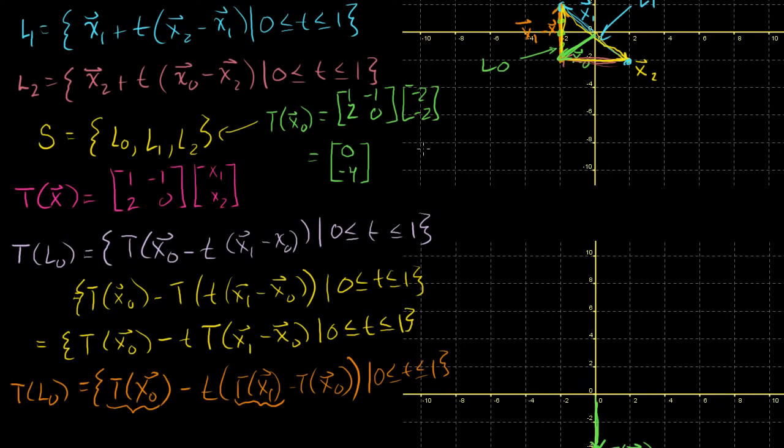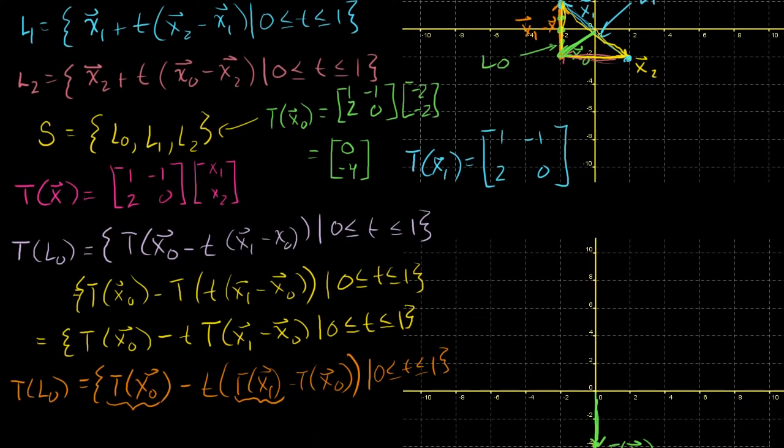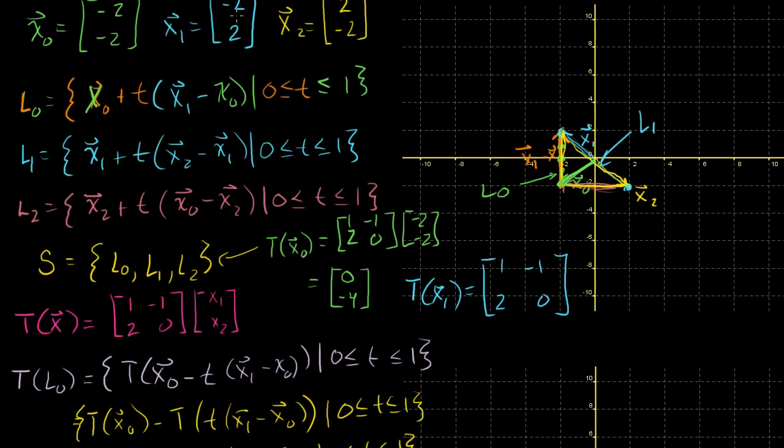The transformation of x1, I'll just do it right here. I'm running out of space. The transformation of x1 is equal to 1, 2, minus 1, 0, times minus 2, 2. So what is this equal to? This is equal to 1 times minus 2 plus minus 1 times 2. So that's minus 4.